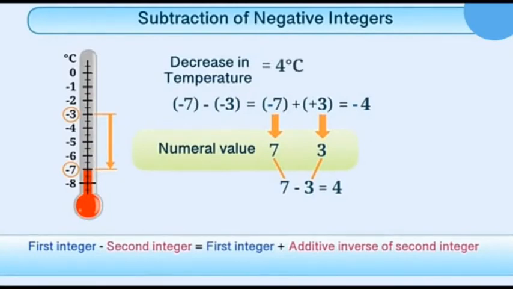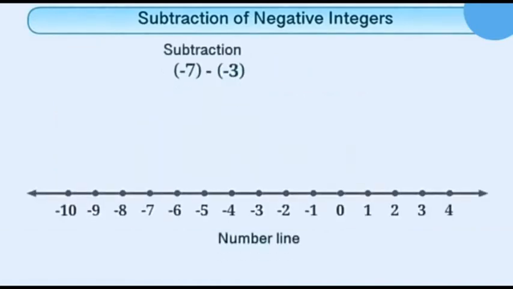We can also perform the subtraction of these numbers on the number line. Here also, we will convert the operation of subtraction into operation of addition. That means, in the place of minus 7 minus minus 3, we will write minus 7 plus plus 3. Now the first number is minus 7.